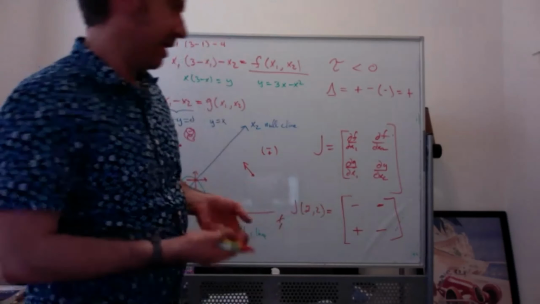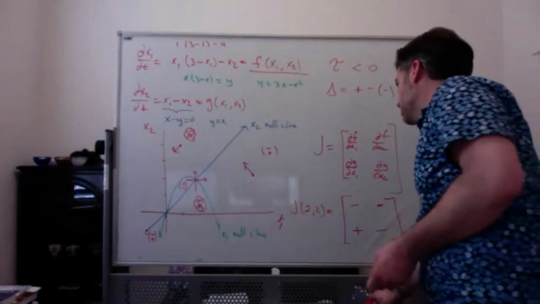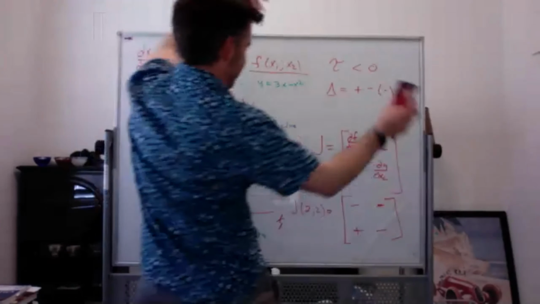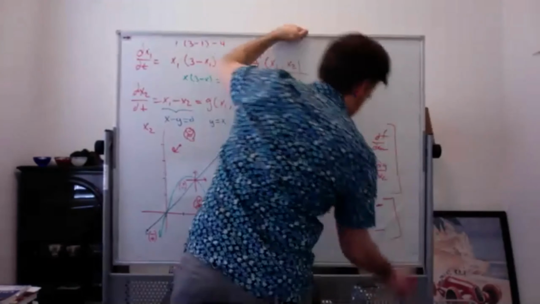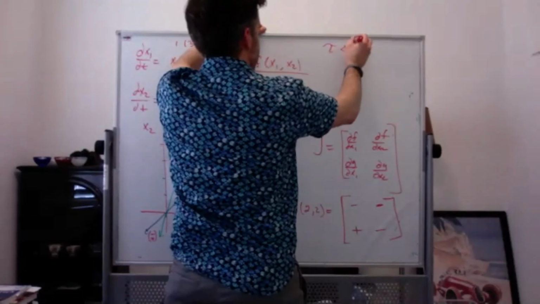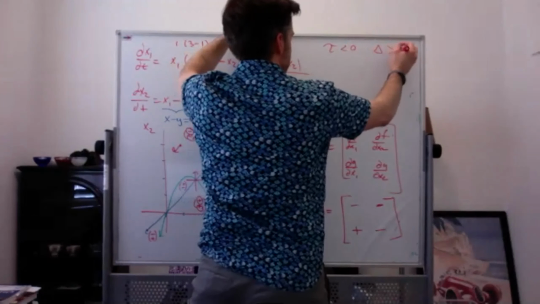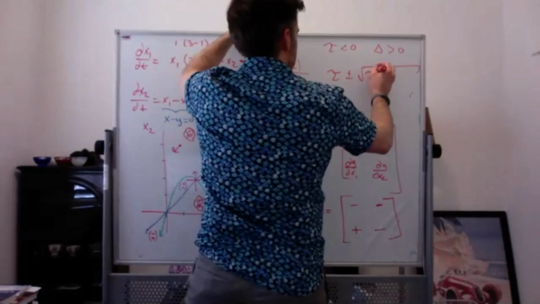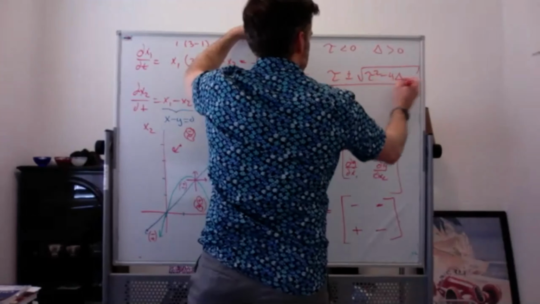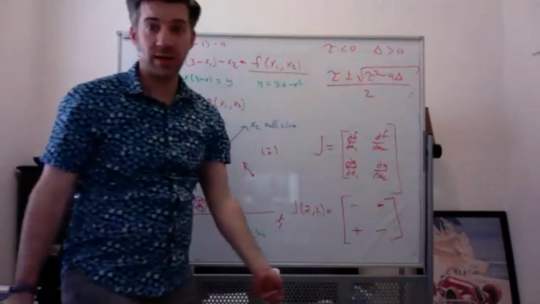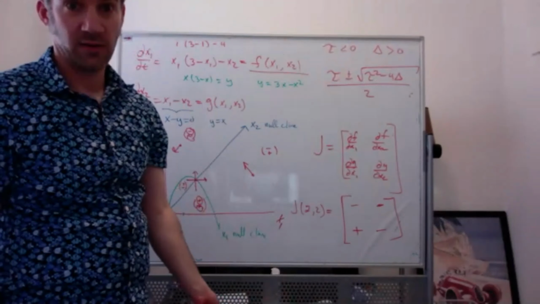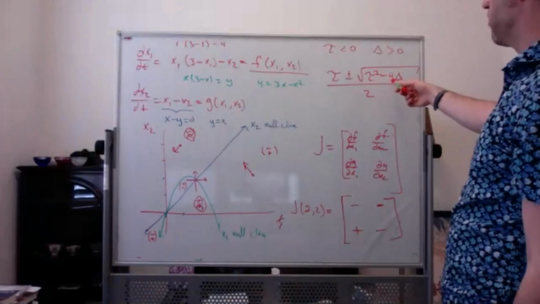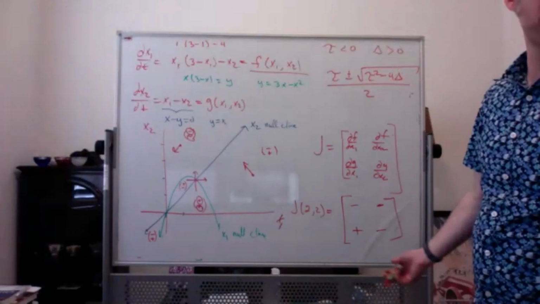If tau is negative and delta is positive, I can't exactly tell if the discriminant is positive or negative. It's not super easy to know: is tau squared bigger than 4 delta, or smaller than 4 delta?